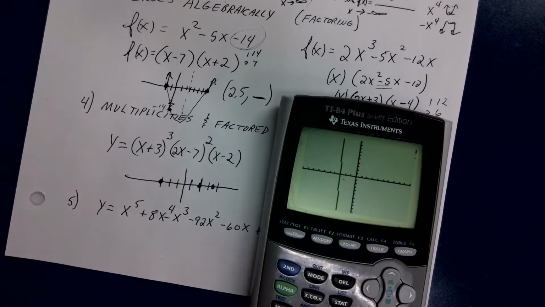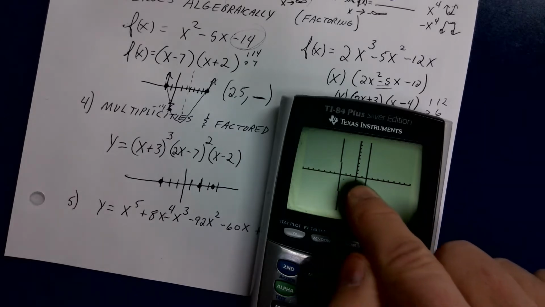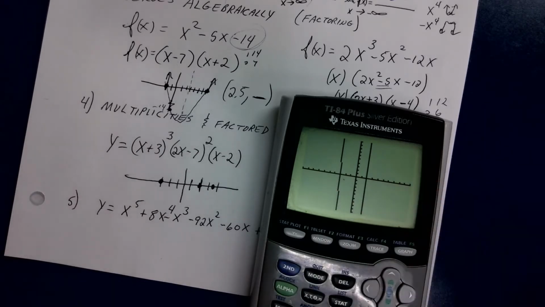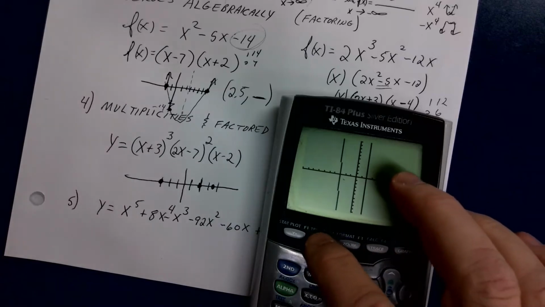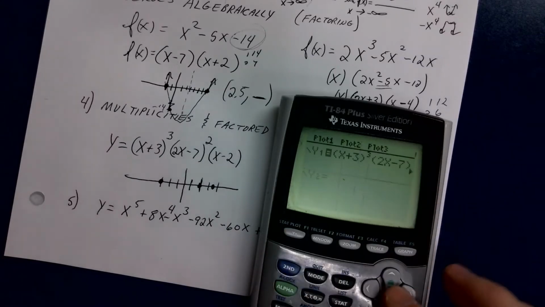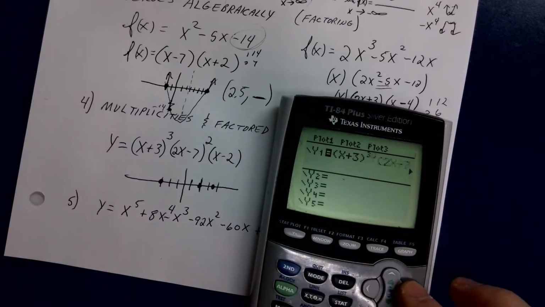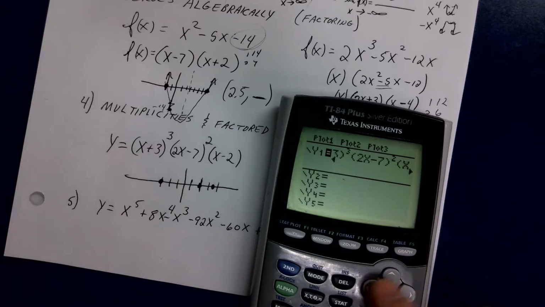And this is going to be kind of messy for you. It's really hard to tell. Let me double check, make sure that I typed that in correctly. 2x minus 7 squared. Oh, see.